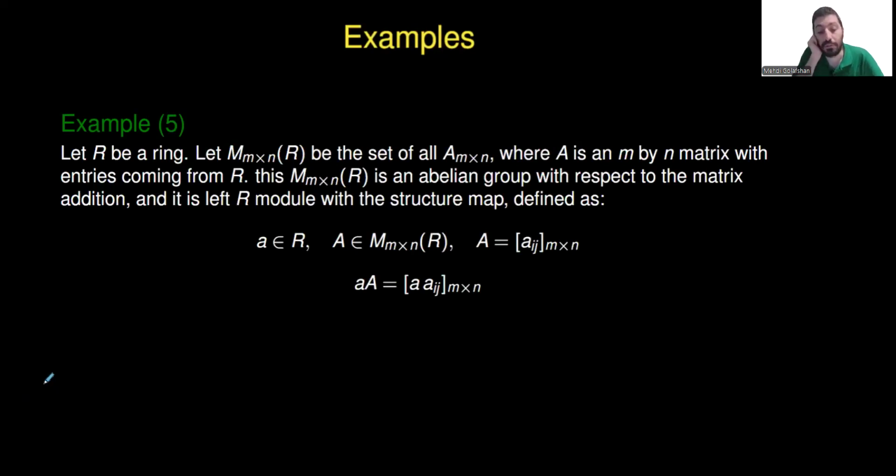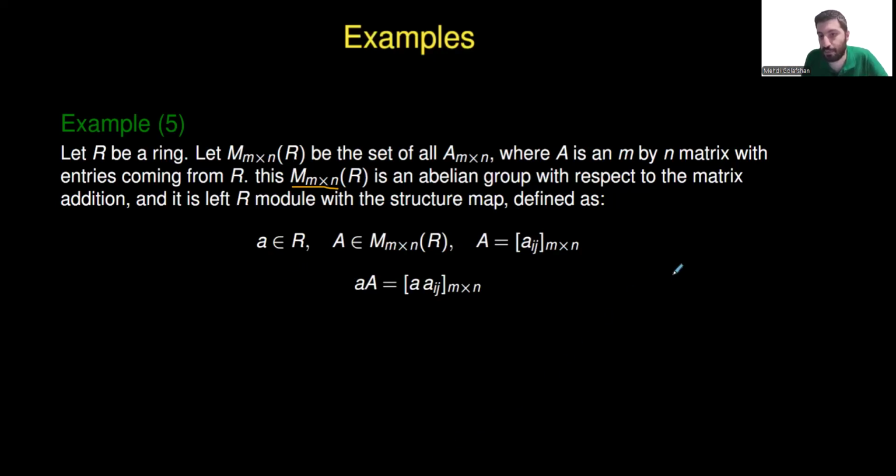Let R be a ring and let M_{m×n}(R) be the set of all m by n matrices whose entries come from the ring R. We know this is an abelian group with respect to matrix addition, and it's a left R module with the scalar multiplication structure we define as well. Briefly, I will tell you what I mean.